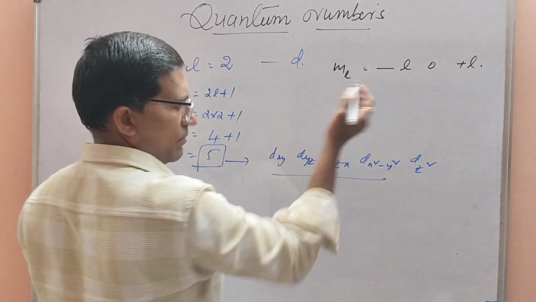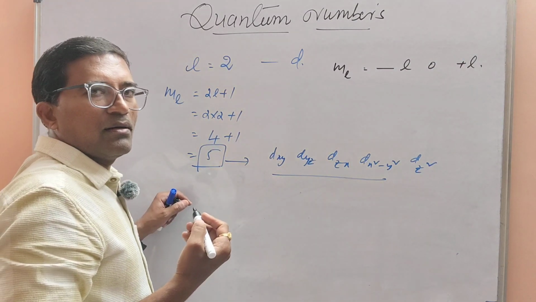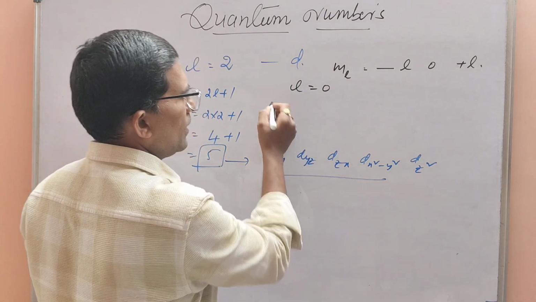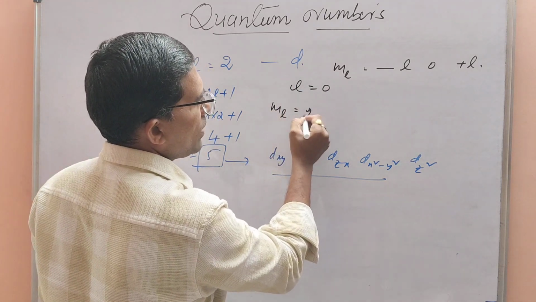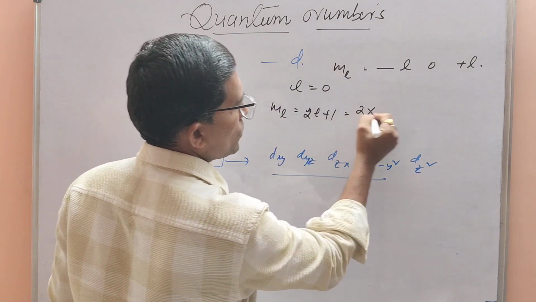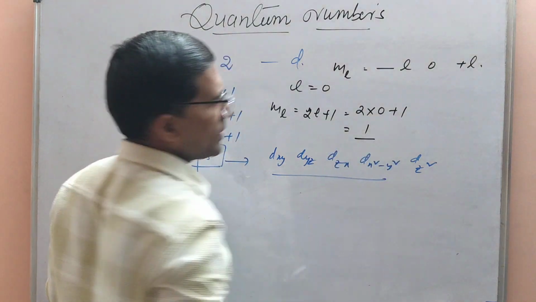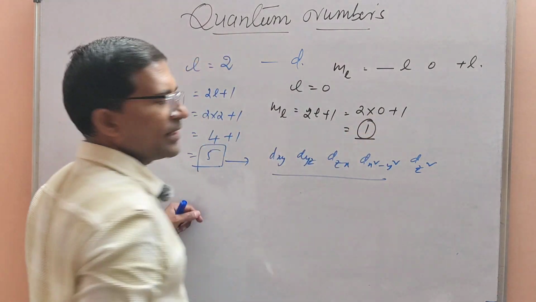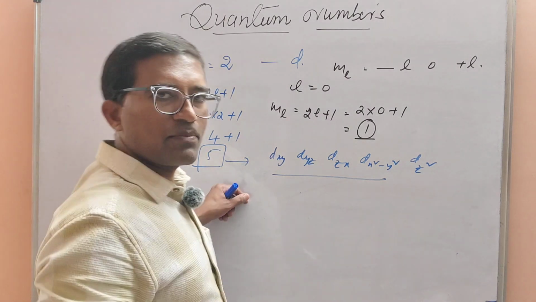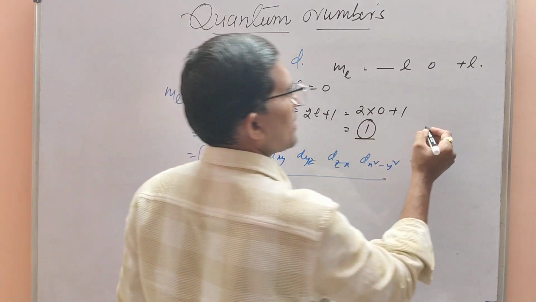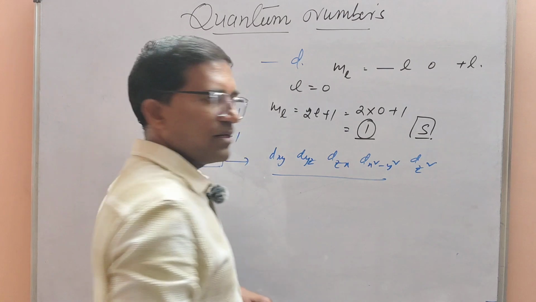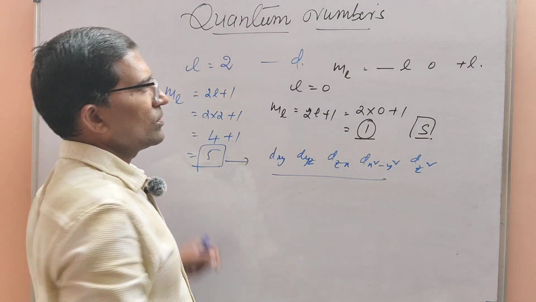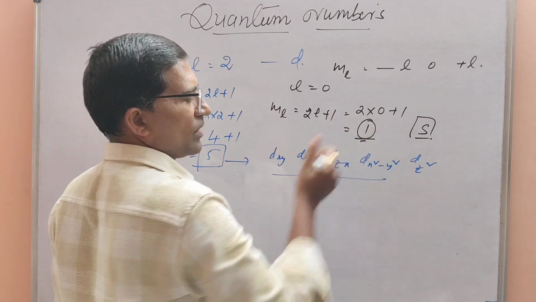To make you understand in an easy way, I will explain with an example. For l = 0, the formula 2l plus 1, substituting, 2 into 0 plus 1, that is 1. Only one orientation is possible for the s subshell, that is only the s orbital. Understood? 2l plus 1 is only 1.